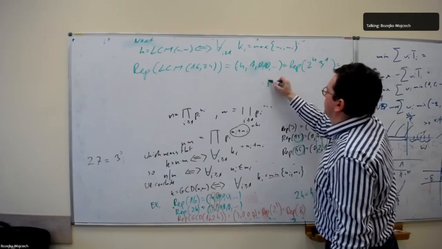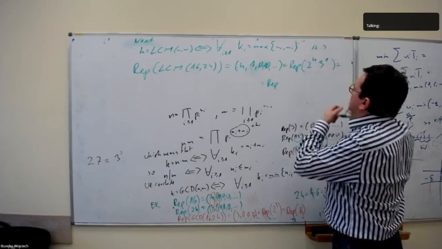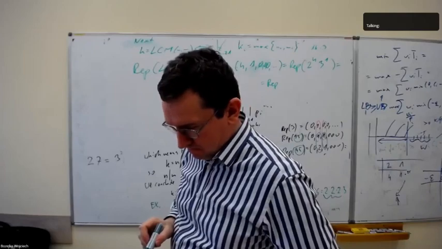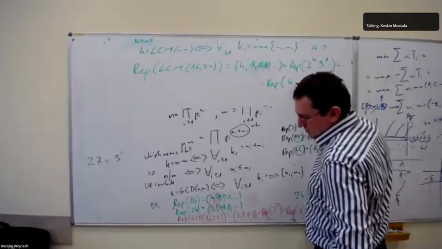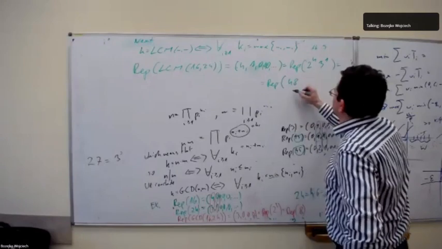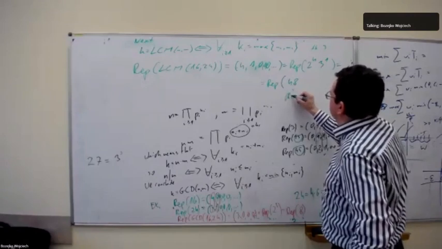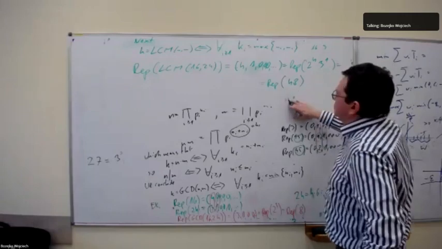So this is 16 and this is 3. What is 16 times 3? 48. Okay, because this is 16 times 3, so this is 8 times 6. And this is great.